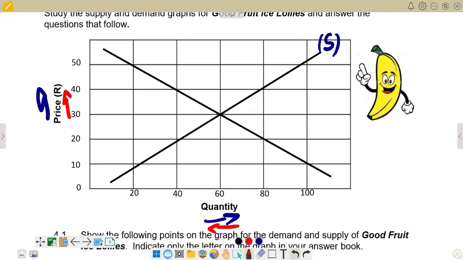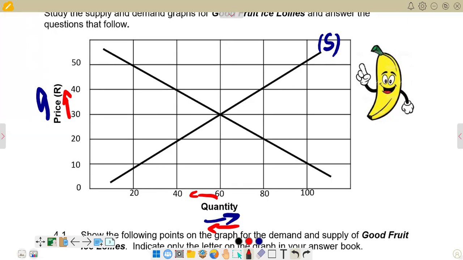This curve is the one that is negatively sloped, showing that relationship. For example, if the price is 30, the quantity is 60. When the price increases to 40, the quantity decreases to 40. So we have a decrease from 60 to 40, represented by the demand curve.